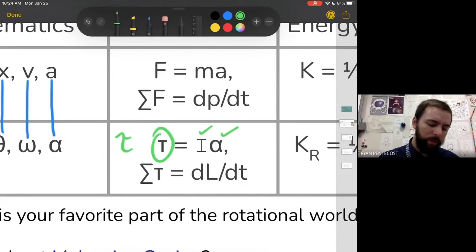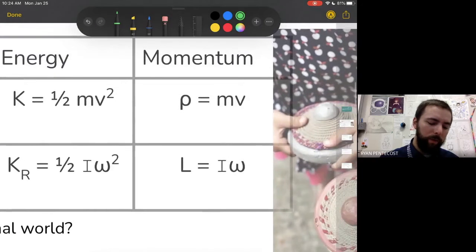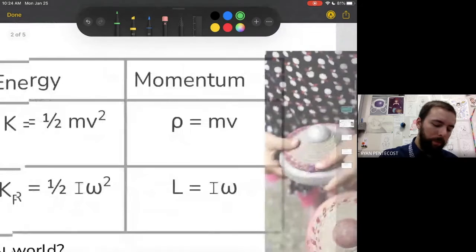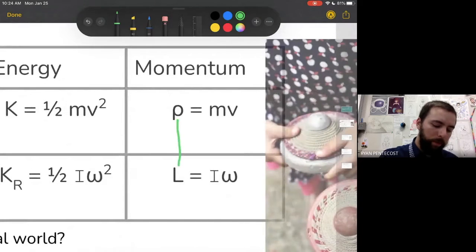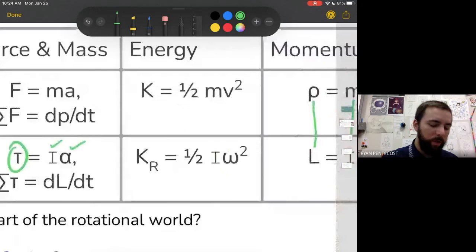Now we also have the summation of torque equals dL/dt, right? So dL/dt, L, if you actually look over here, L is our angular momentum, right? You've got linear momentum, angular momentum. You've got mass, angular mass, right? Moment of inertia, then velocity, angular velocity, right? Direct translation, just like from the other kinematics.